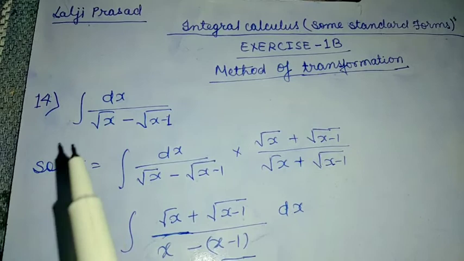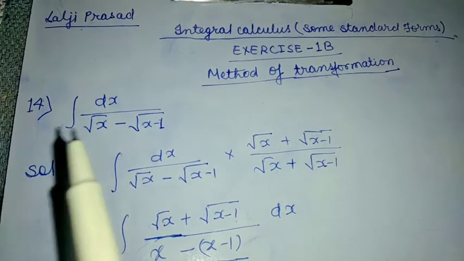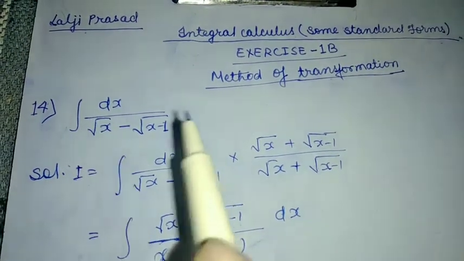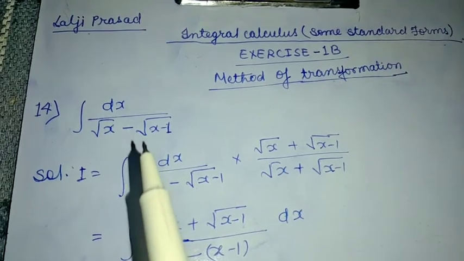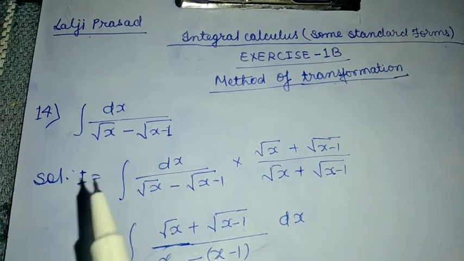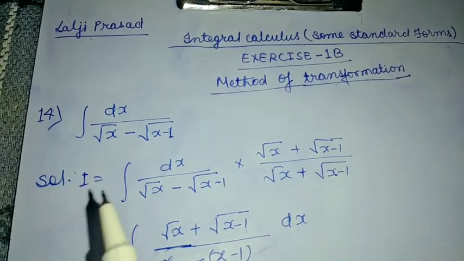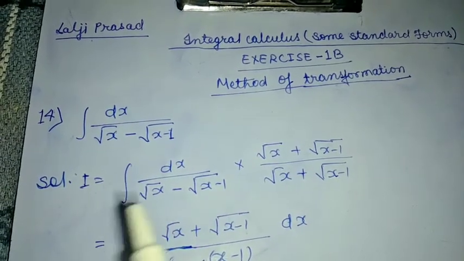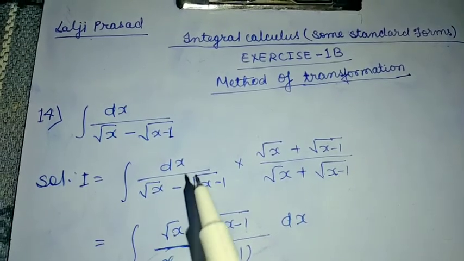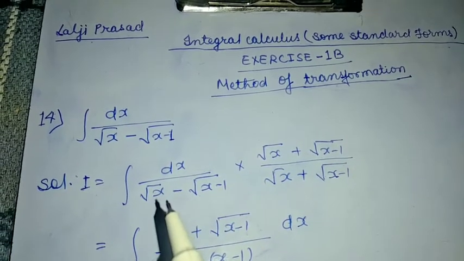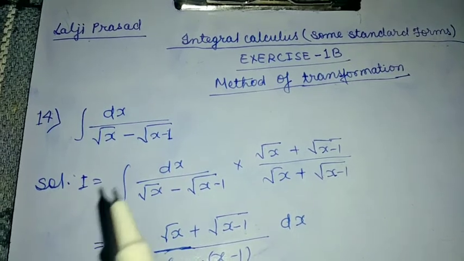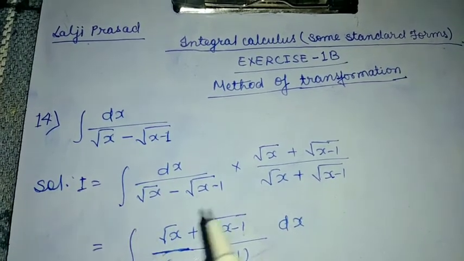Next question, you can see here this is question number 14, which is integration of dx upon square root of x minus square root of x minus 1. So here also we will write I is equal to integration of dx upon square root of x minus square root of x minus 1. What we have to do for solving this question is rationalize the denominator.